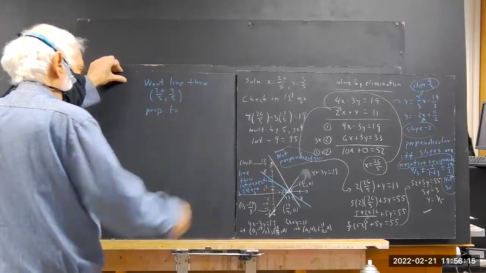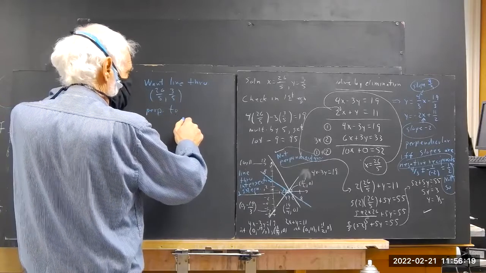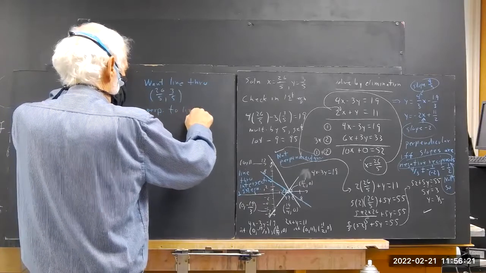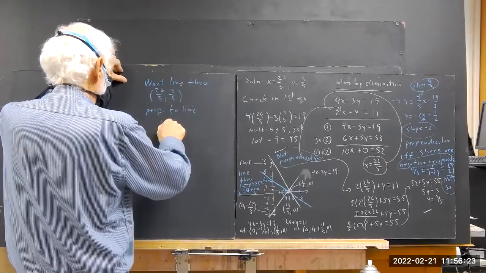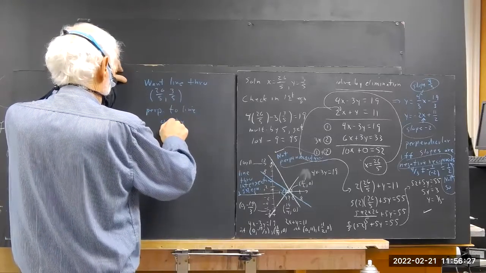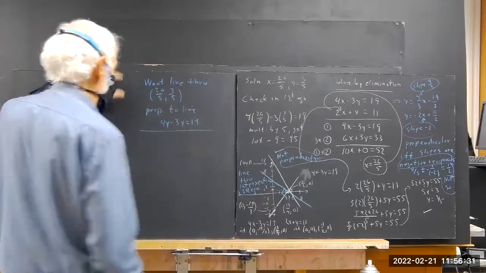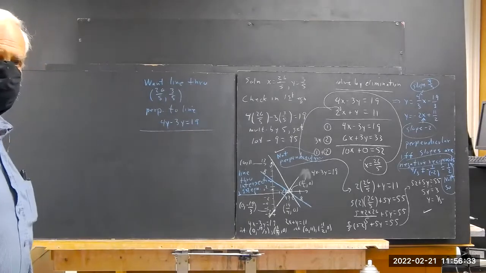Abbreviating perpendicular, I'm getting tired of writing all those letters. Perpendicular to line 4x minus 3y equals 19.